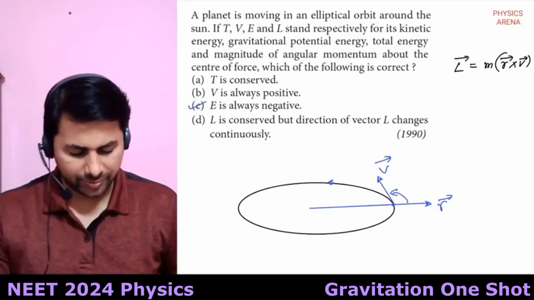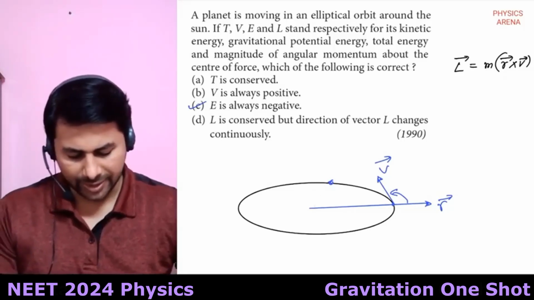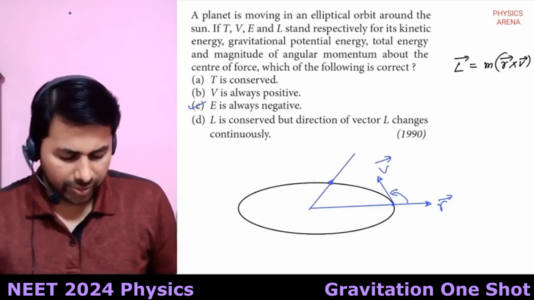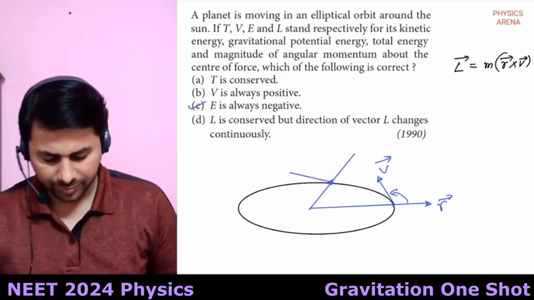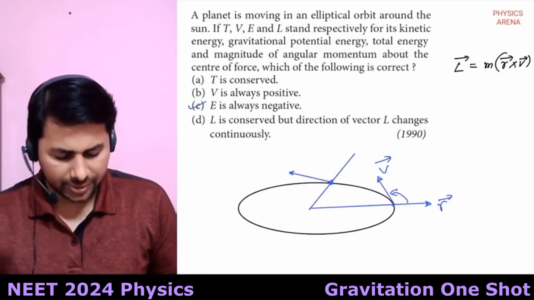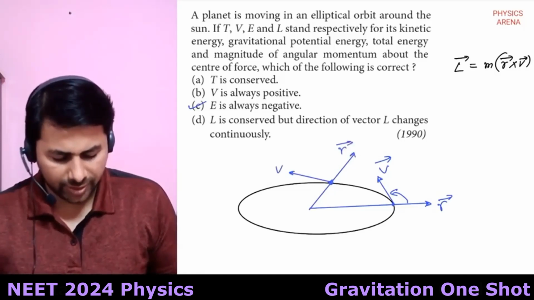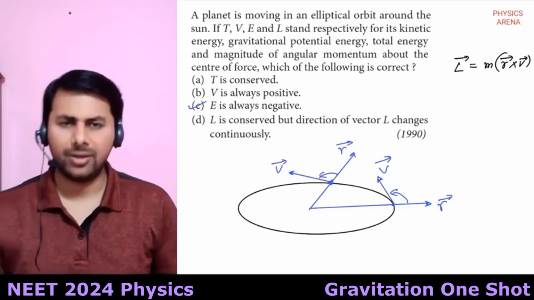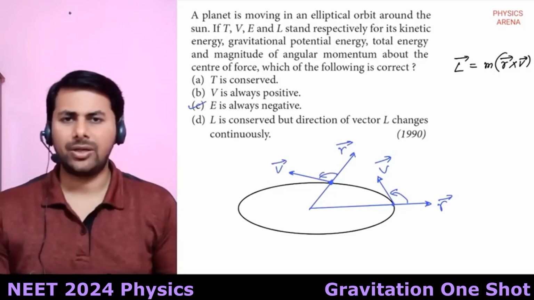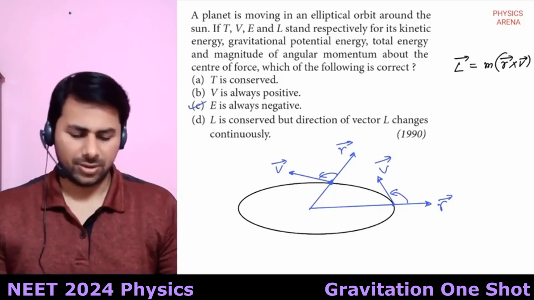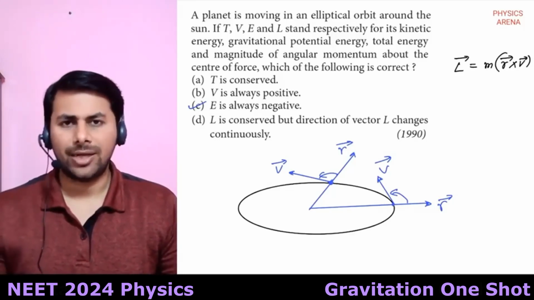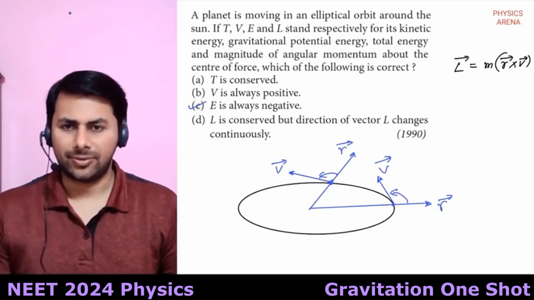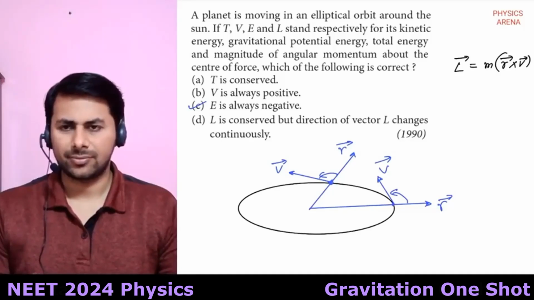Here also R will be directed like this, V will be directed tangential to the path. Do R cross V. Again, you will get vertically upwards direction. So the direction of angular momentum also remains conserved. Is it clear?